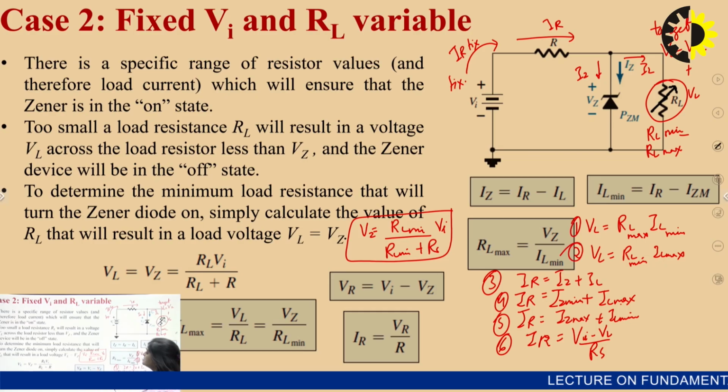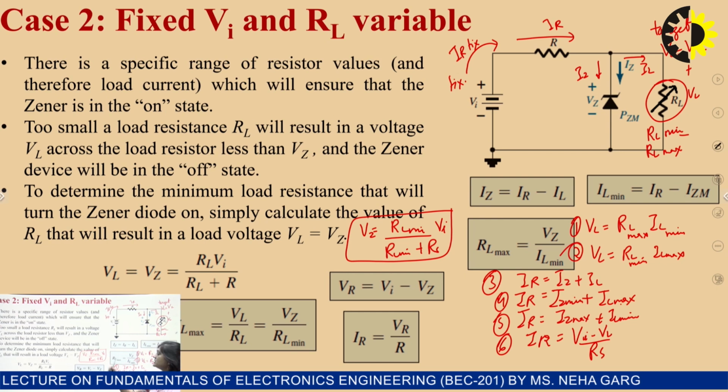Why? Because we know that the value of V, that is the voltage across this zener due to the supply voltage VI, depends upon the value of RL, RS and VI. But in this, RS and VI both are fixed. This RL is minimum.